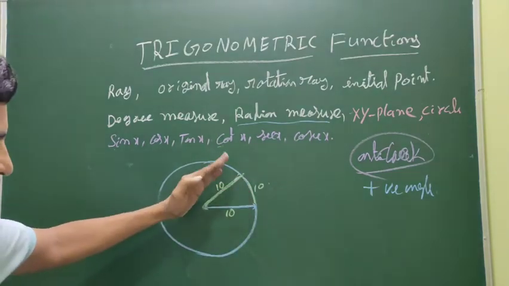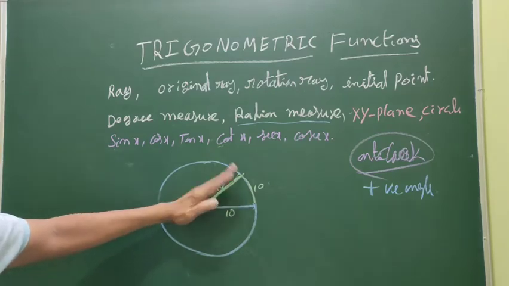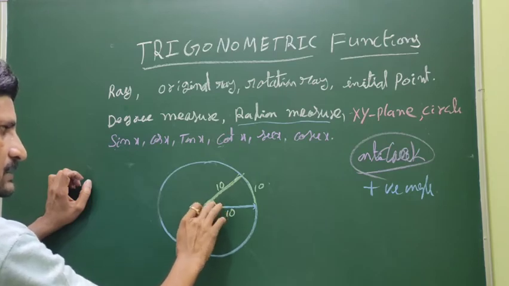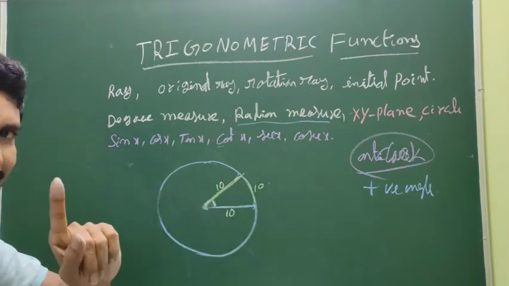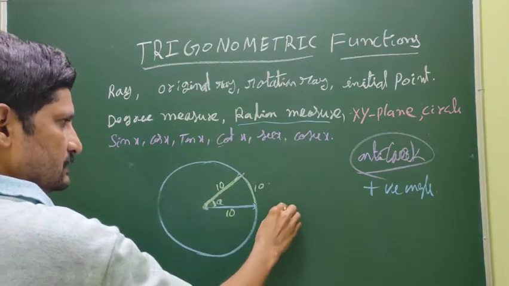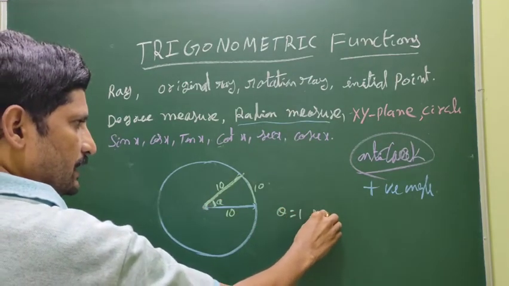Now this measure of the rotation, this angle, is 1 radian. Now, theta is equal to 1 radian.